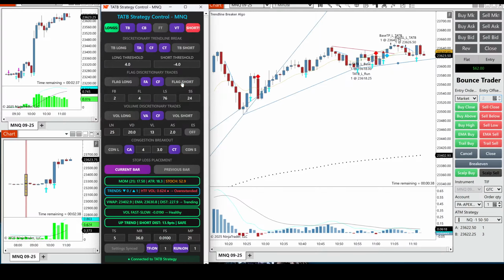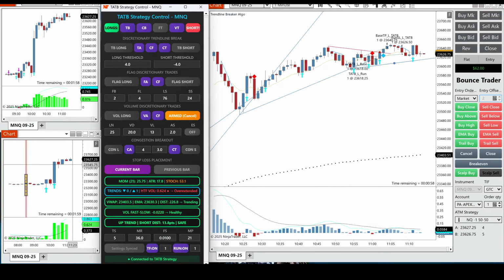Now, not flag short, but volume short. So I will arm for a short setup, for a short signal if it's going to come, because in this environment I may have a feeling for it to go up, but it will need to retrace first a little bit more.